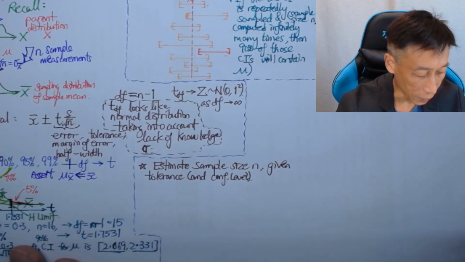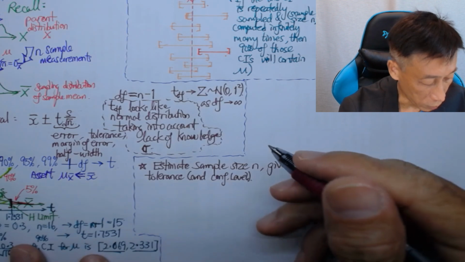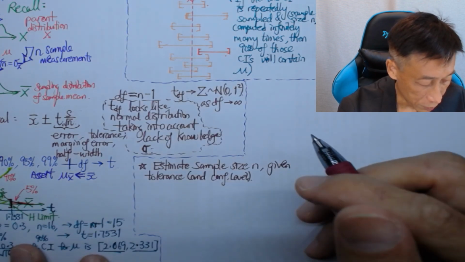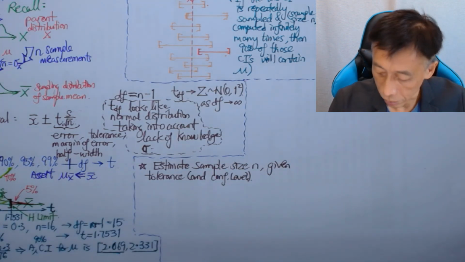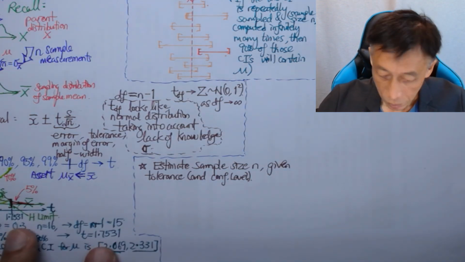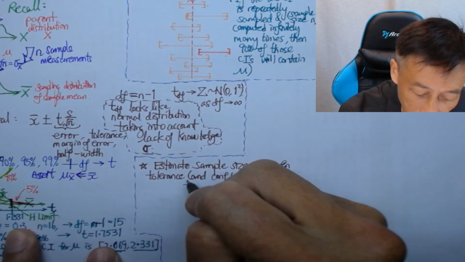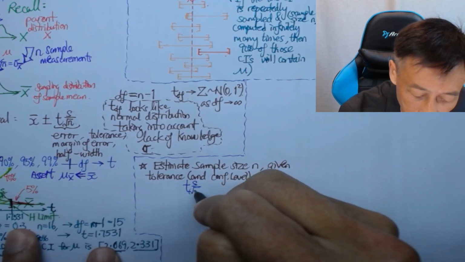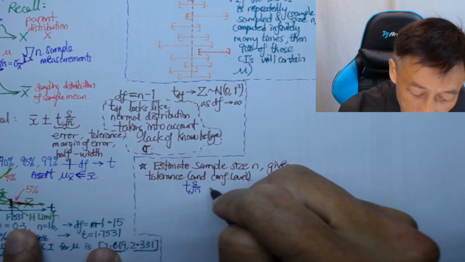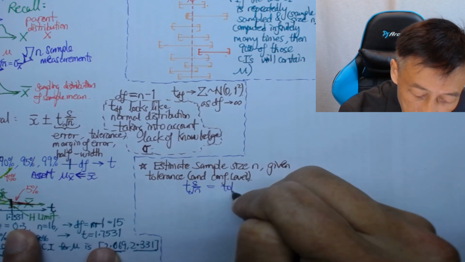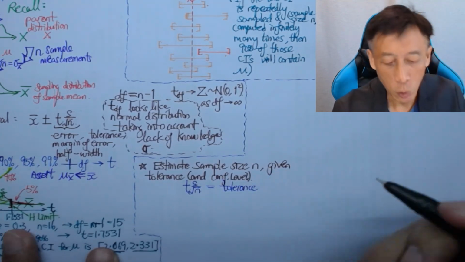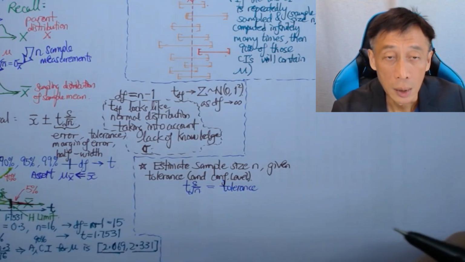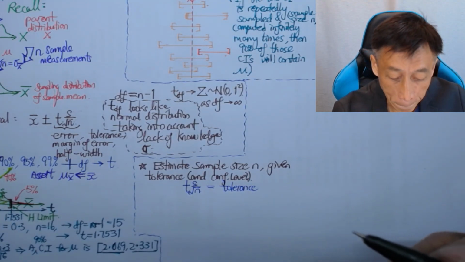So recall again that t times s over square root n is our error bound, our tolerance. We don't need to worry so much about x bar anymore.